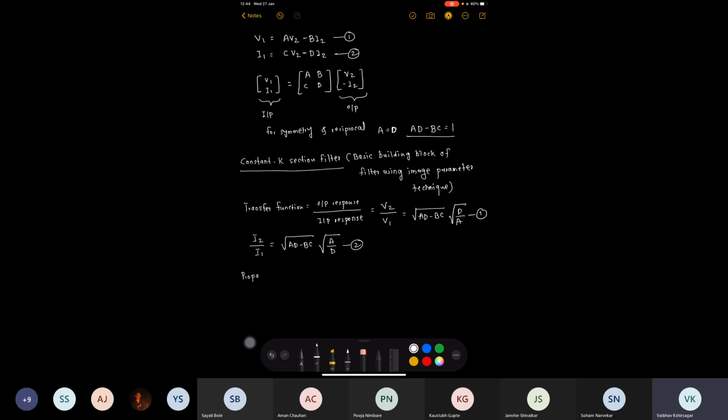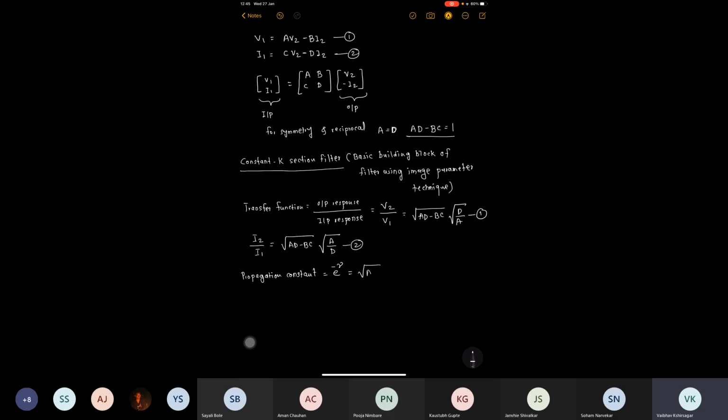Propagation constant in the real propagation direction is given as e raised to minus gamma, and it is represented, just recall, as the square root of AD minus BC, equation number 3.